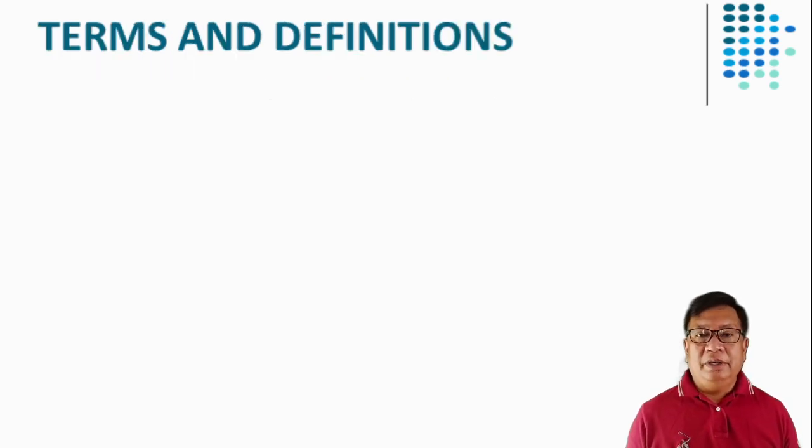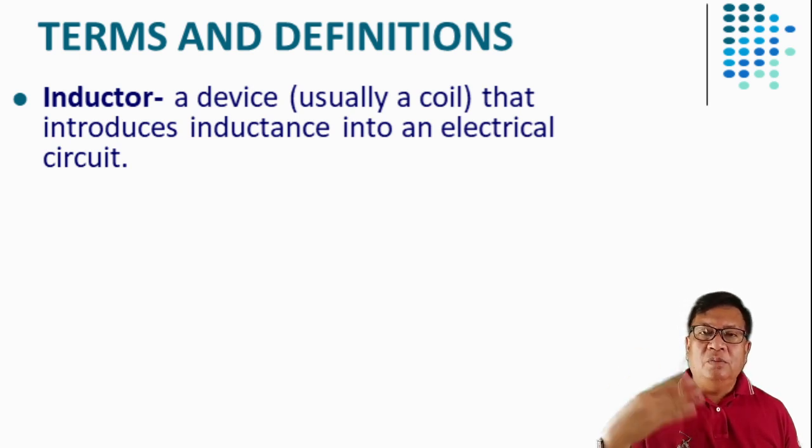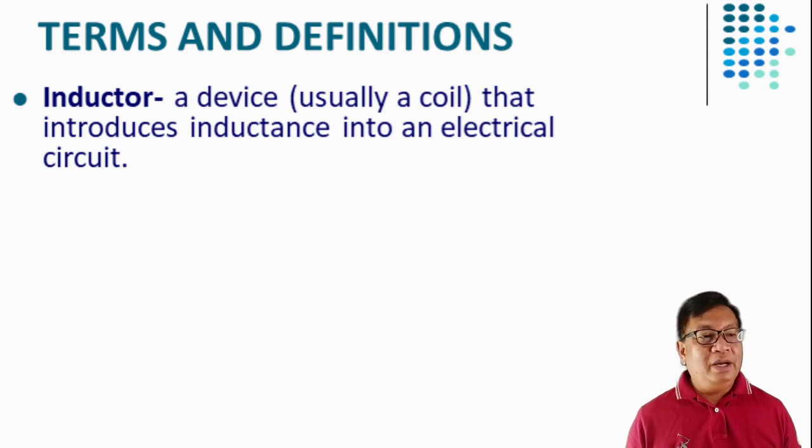Then for the terms and definitions, we have the inductor. It is a device, usually a coil, a number of turns of magnetic wire, that introduces inductance into an electrical circuit. Later on, we will define the inductance.